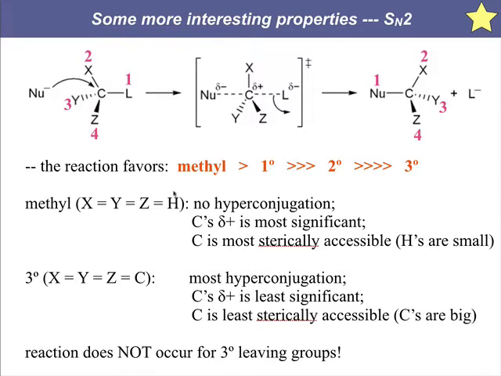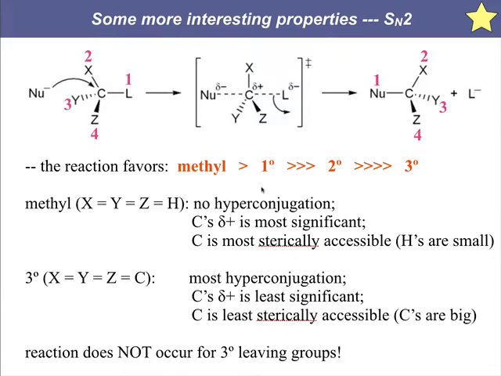Now let's think about that. There's a lot going on here. Not only is that a more accessible carbon because its groups are small, but there's also no hyperconjugation. Remember, we talked about the stability of charges on a carbon, that positive charges are stabilized by hyperconjugation because that hyperconjugation overlaps with that positive charge and kind of masks it, makes it less positive.